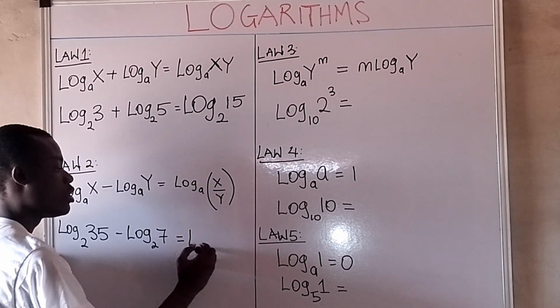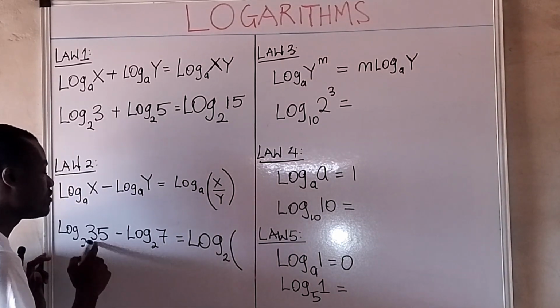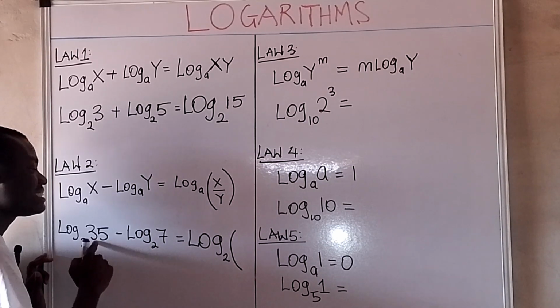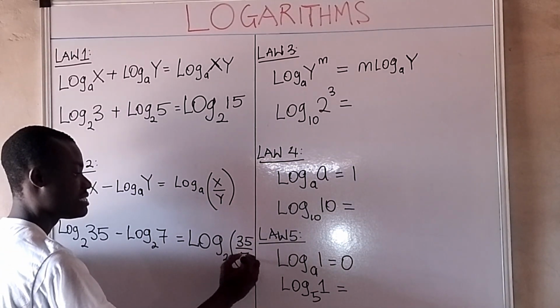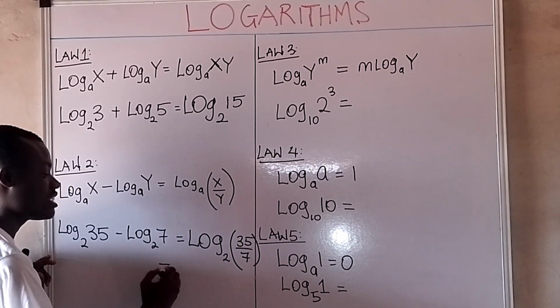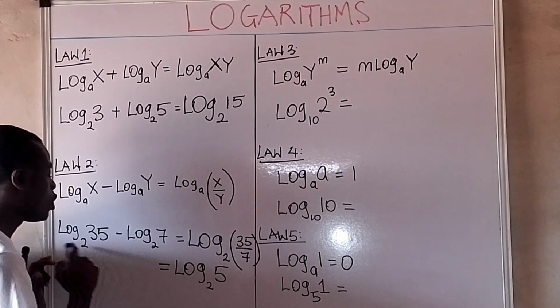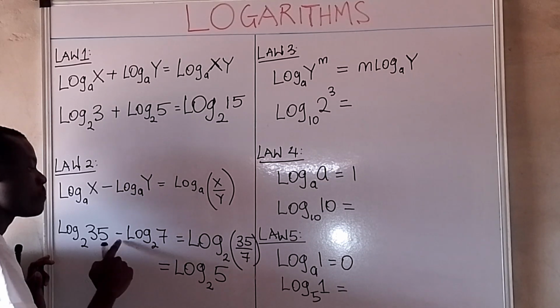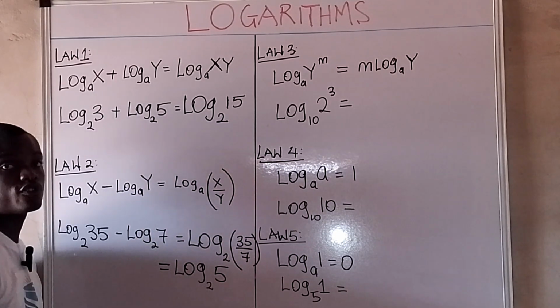So I'm going to write out log to the base of 2. In this case, we are going to divide these individual numbers. 35 divided by 7 will give us 5. So therefore, log 35 to the base of 2 minus log 7 to the base of 2 is equal to log 5 to the base of 2.